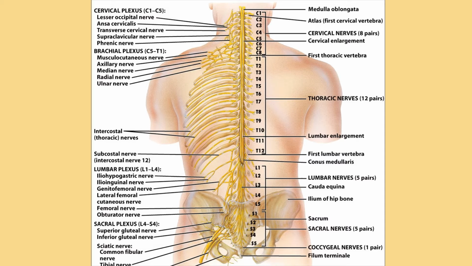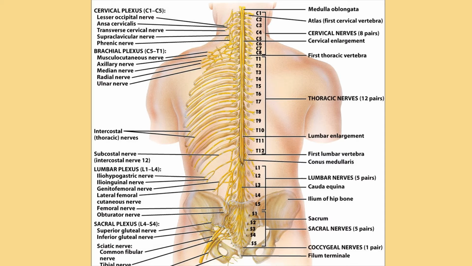And emerging from the conus medullaris is a cluster of spinal nerves known as the cauda equina, or horse's tail. And those spinal nerves continue to descend through the vertebral canal and into the sacral canal.